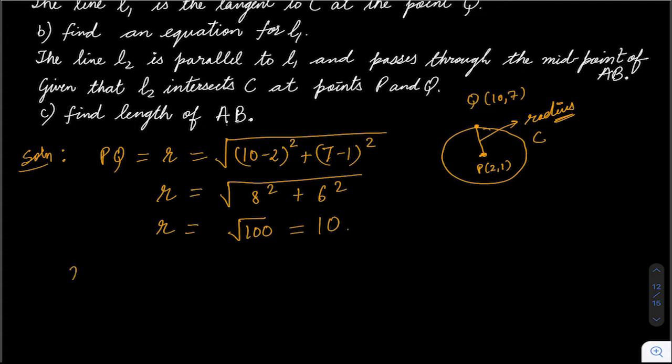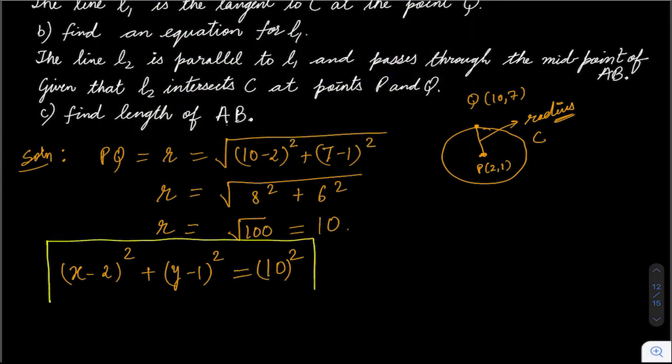We already have the center, so I can simply write the equation of the circle as (x minus 2) whole squared plus (y minus 1) whole squared equals 10 squared, or 100 you can say. This is my equation for the circle.